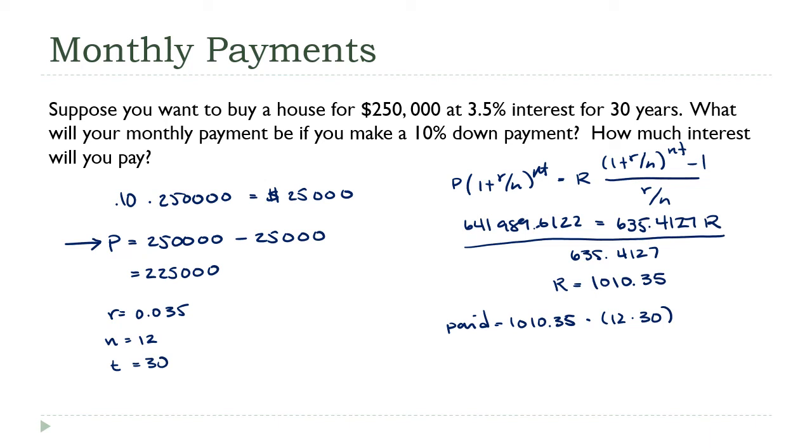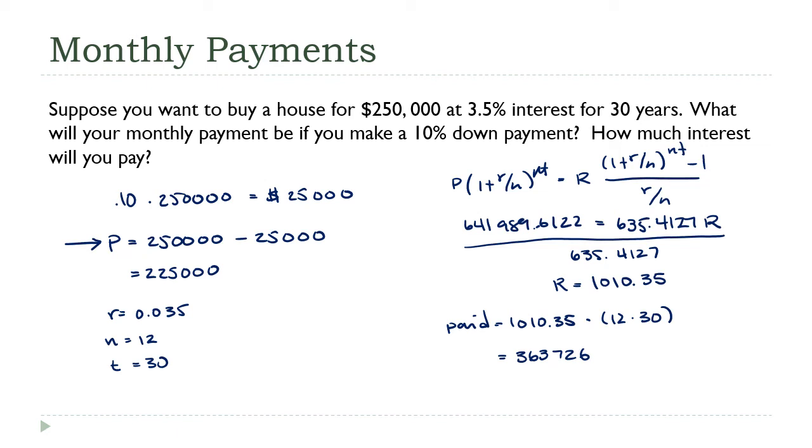Let me see if I figure this out. Go to my calculator. 1010.35 times 12 times 30. This is $363,726. So how much did you pay in interest?